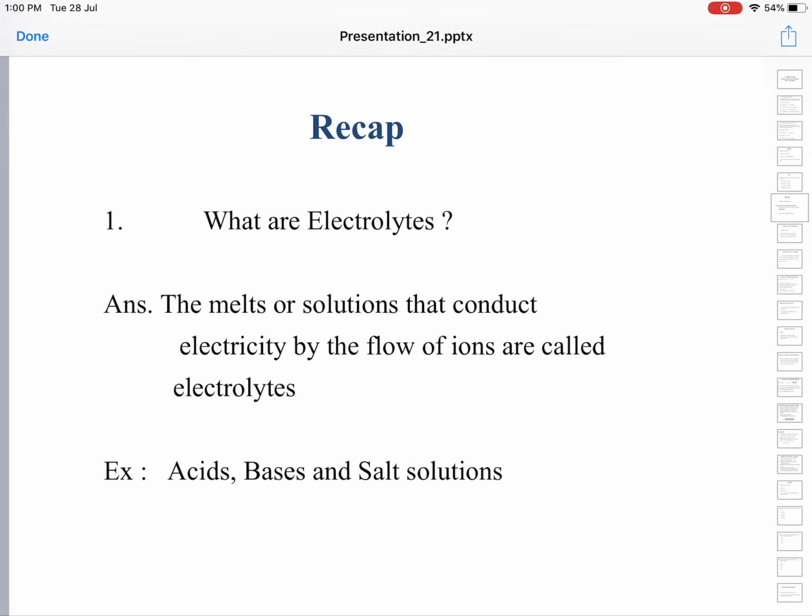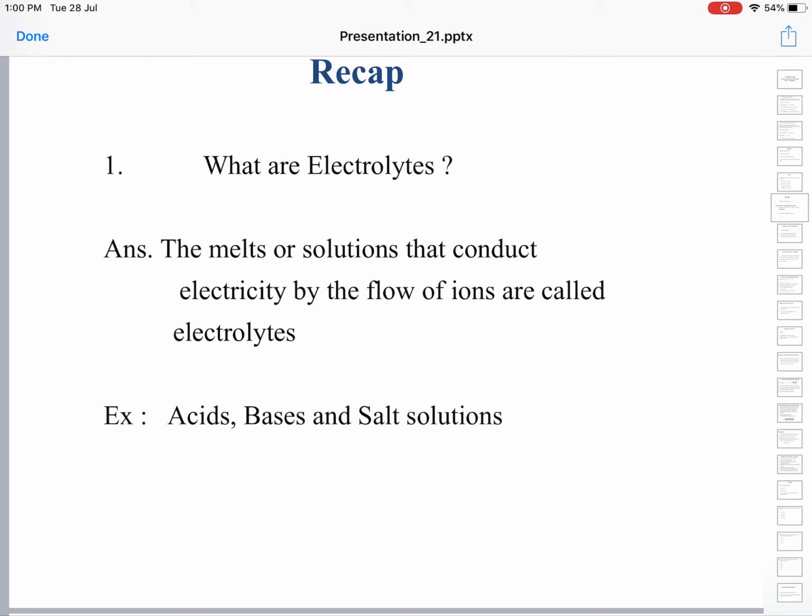What are electrolytes? The substances which conduct electricity in the molten state or in solution are called electrolytes. This passage of electricity is due to the flow of ions.